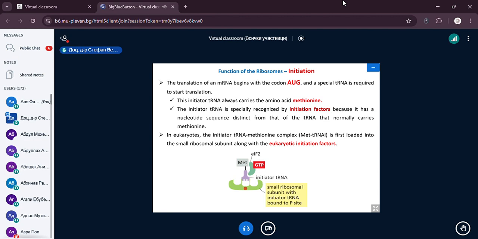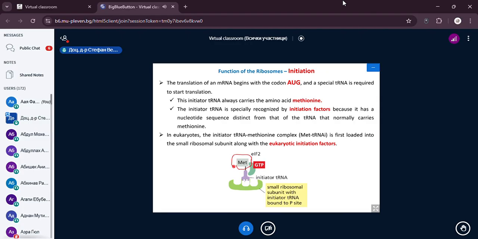The small ribosomal subunit binds a section of RNA, the initiator transport RNA, which is attached to the amino acid methionine.